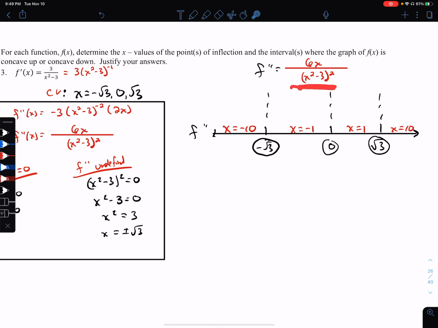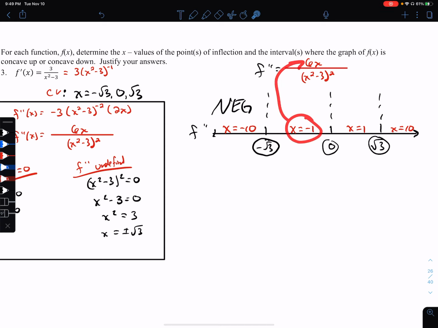We want to know in each instance, is it positive or negative? Keep in mind, the bottom is positive every time. The number of positives that you're multiplying or dividing by has no effect on whether the answer is positive or negative. It's the number of negatives. So if I put a negative 10 in this numerator, it's going to be negative. Negative divided by positive is negative.